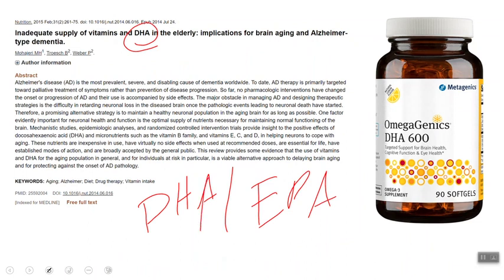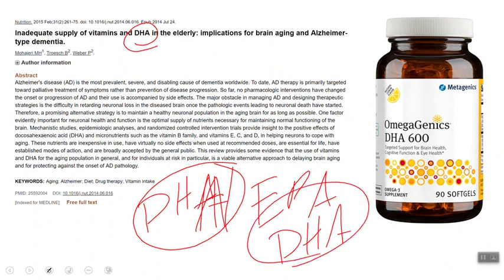Now, people that have brain problems, you want the DHA in surplus. The DHA helps support your brain neurology. So we want to start working with DHA. So this is a supplement that you can start to take.